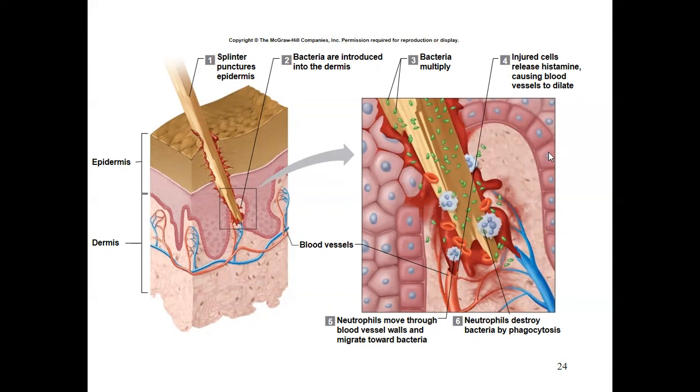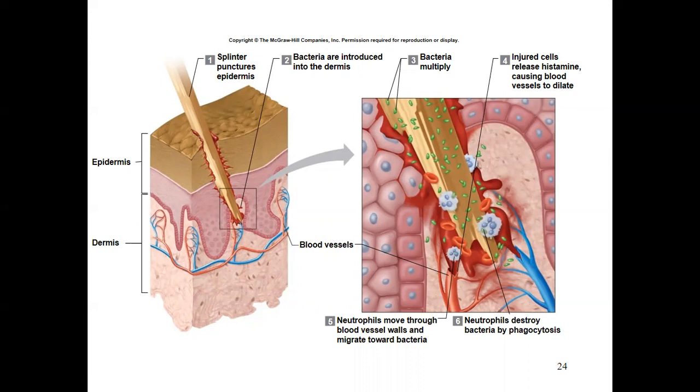Remember I told you histamine is not just for allergy responses, but it also has other functions in the body. So in this particular case, these cells are going to release histamine so that you can dilate or open up the blood vessels to allow more blood and more of those healing factors to go into the area to clean up and heal that particular area.